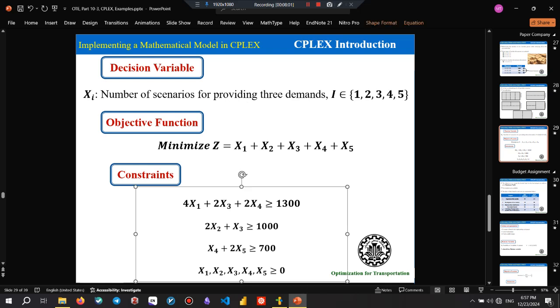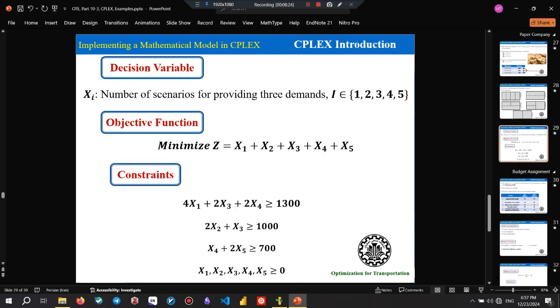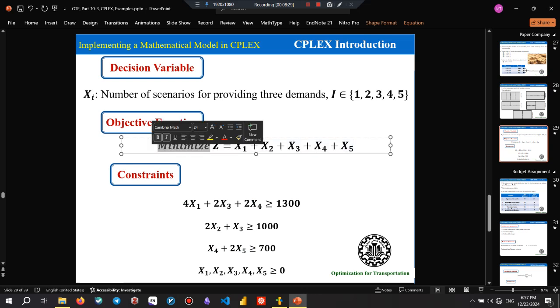What these constraints mean, and why did we put this sign of equal or greater than? Why didn't we just put equal? There is a reason why we did this, and this is because, first of all, I'm sorry, the problem is a minimization problem.